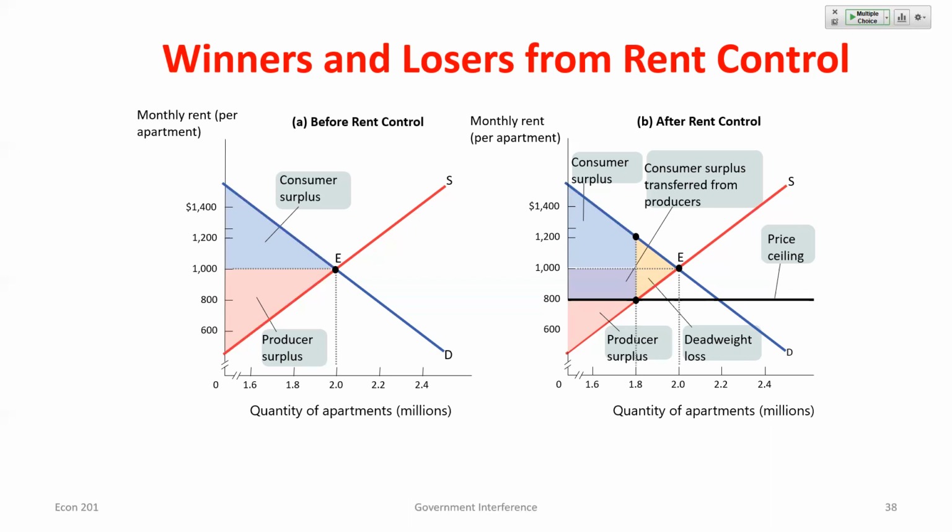So we've got some deadweight loss to society. But we did transition a pretty good chunk of producer surplus to now being consumer surplus. So some consumers were hurt in this market, some of them benefited, and the producers definitely were hurt. We see a pretty great reduction here visually in producer surplus.